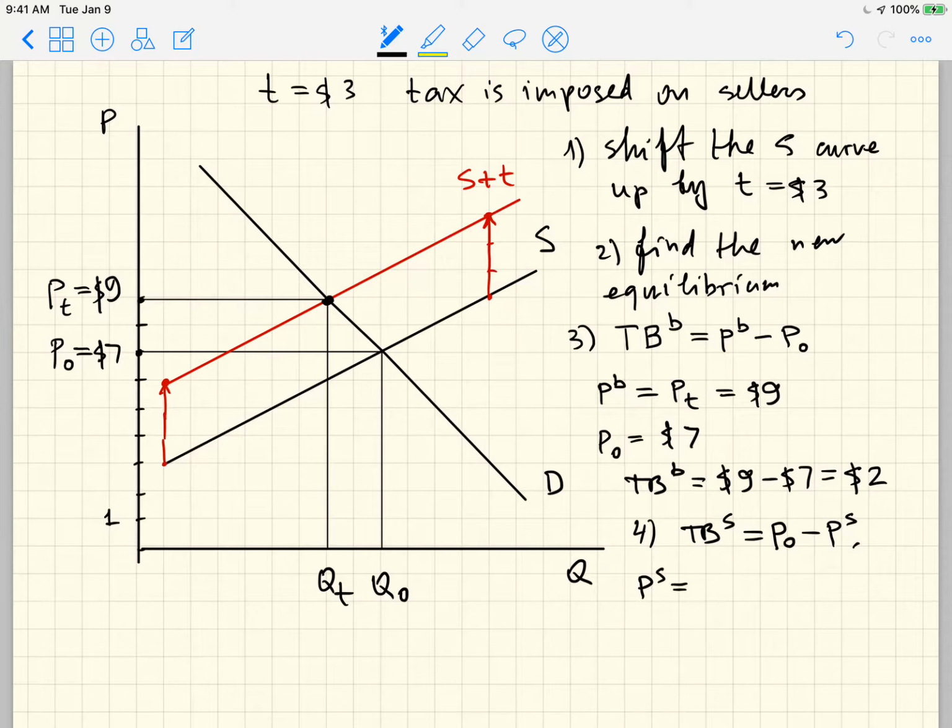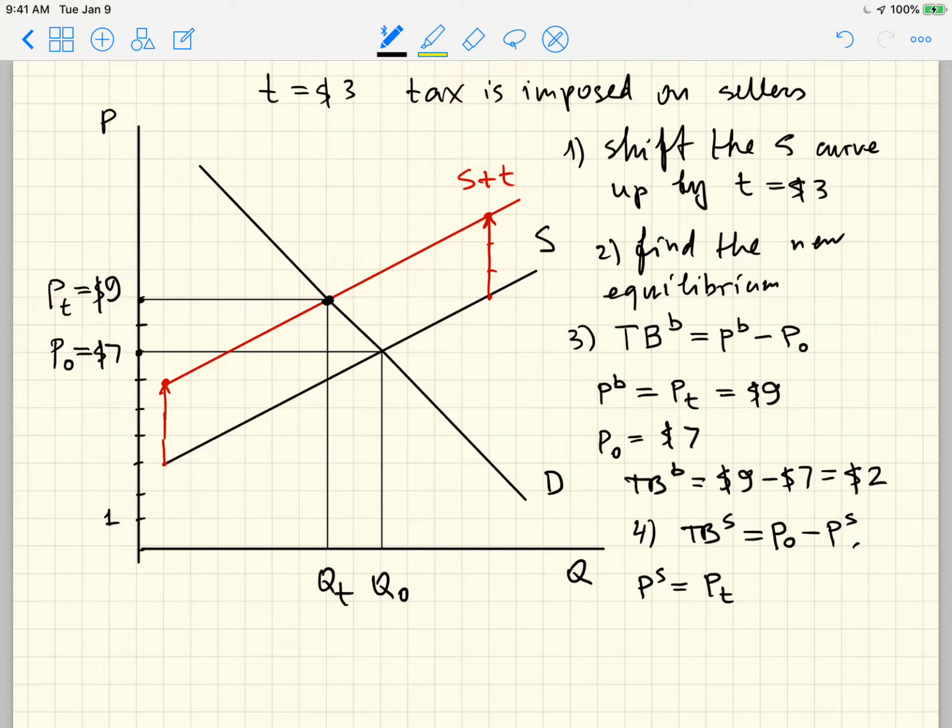And PS is the price received by sellers. So now let's think about it. What do sellers get? We know they're actually paying the tax, but first of all, they're getting paid by buyers, right? So in fact, they get PT, the new equilibrium price. That's what buyers are giving them. But they're not keeping this money, right?